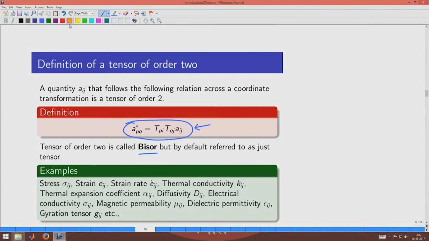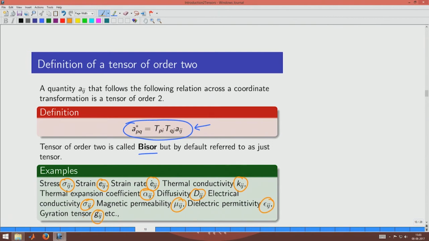Just now we mentioned that stress is a tensor of order 2, and strain is also a tensor of order 2, strain rate is a tensor of order 2, and thermal conductivity, a concept that comes from high school physics itself, is also a tensor of order 2. Also thermal expansion coefficient, diffusivity, electrical conductivity, magnetic permeability, dielectric permittivity, gyration tensor for optical properties, and so on.